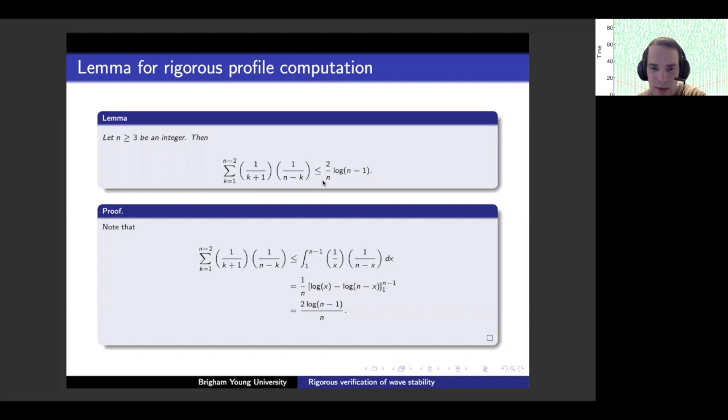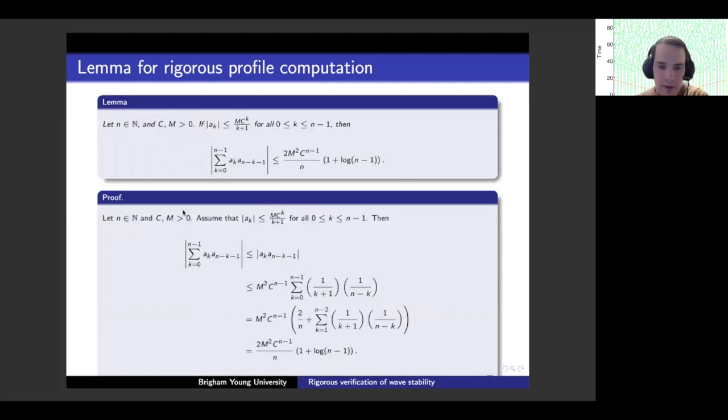And it's just going to be straightforward to check using calculus that it's less than this term that involves log. And now this is nice because, of course, n will dominate log. So that took care of that issue we described if we didn't try to divide by n plus 1 in our bound.